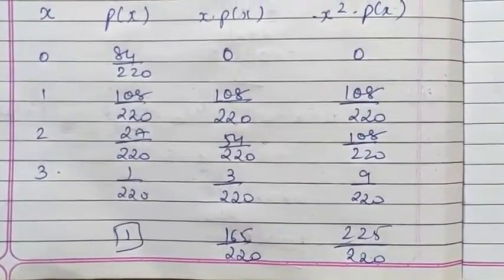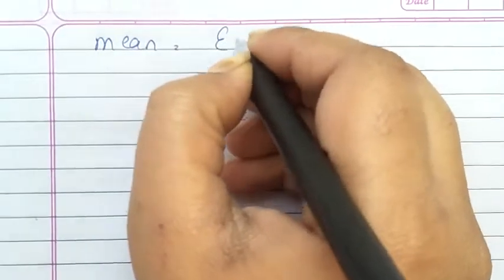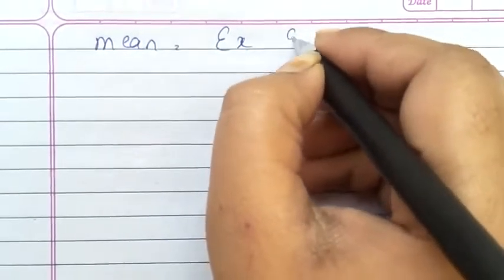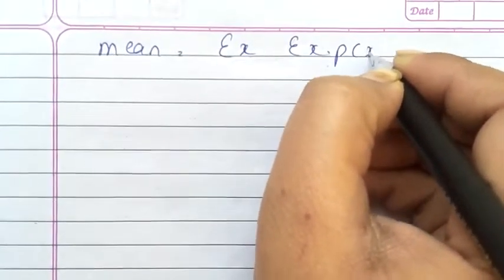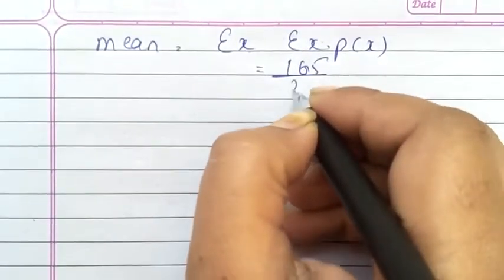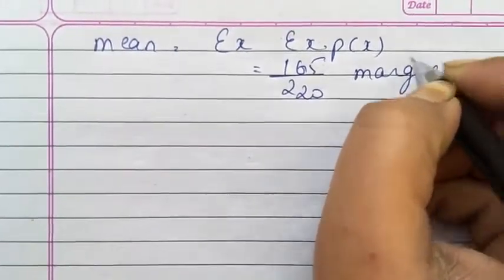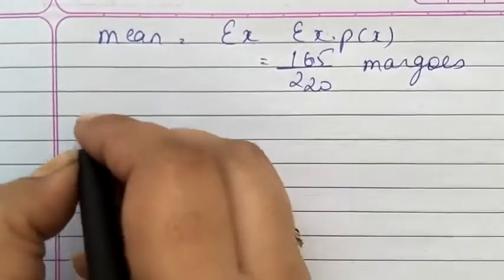Clear? Now first we will find the mean over here. So mean, sigma x is sigma x into px, that is 165 upon 220. Next we will find variance.